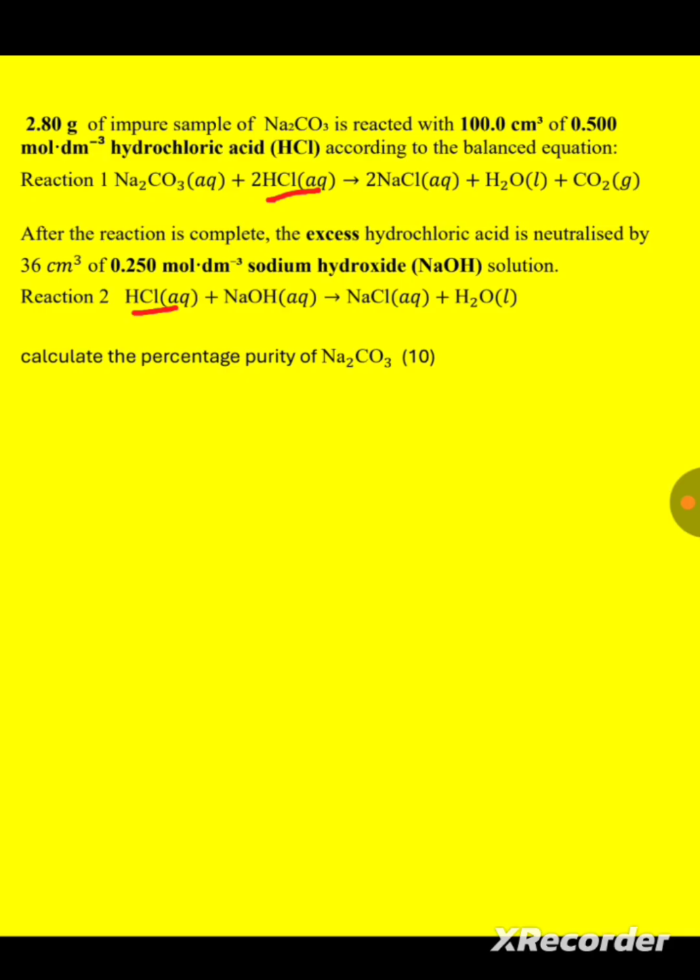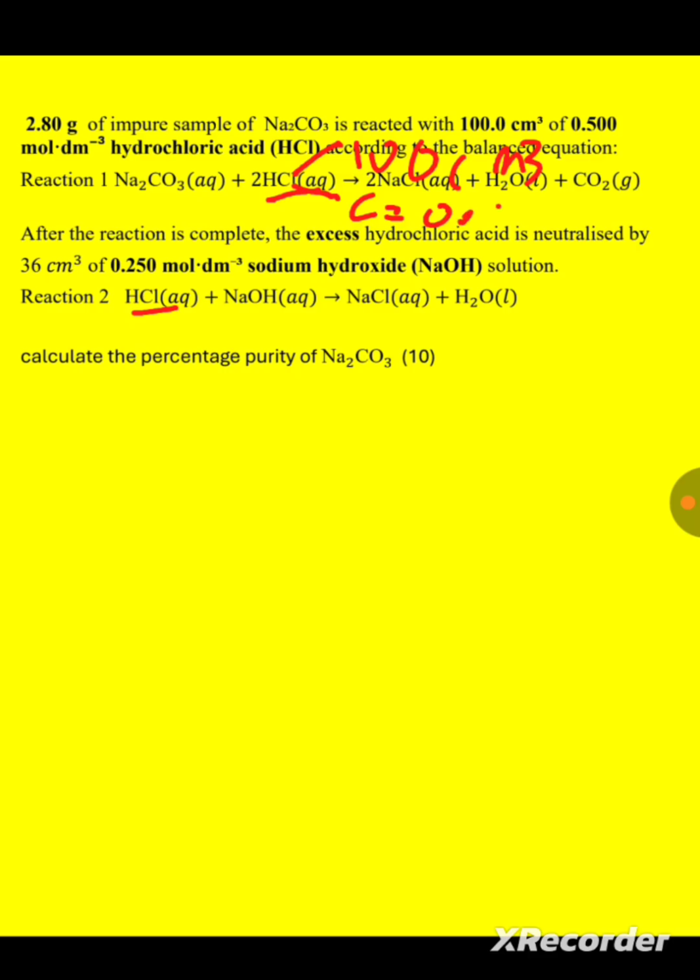All right. So for hydrochloric acid, we are given 100 cubic centimeters, that is volume. And we are also given the concentration thereof. The concentration, I can say 0.5.